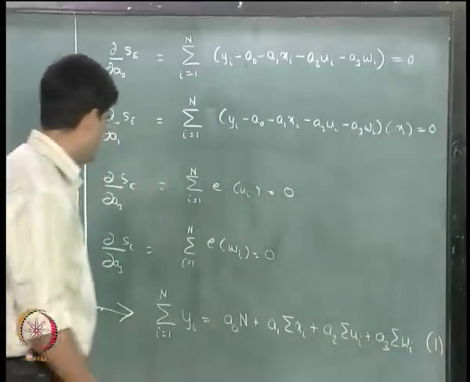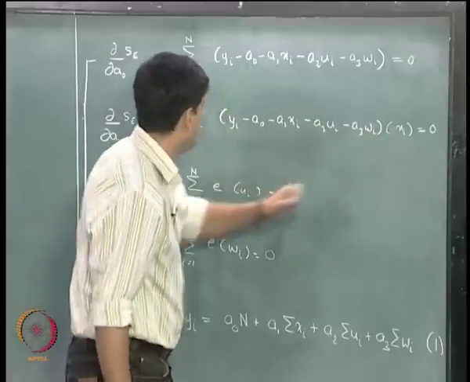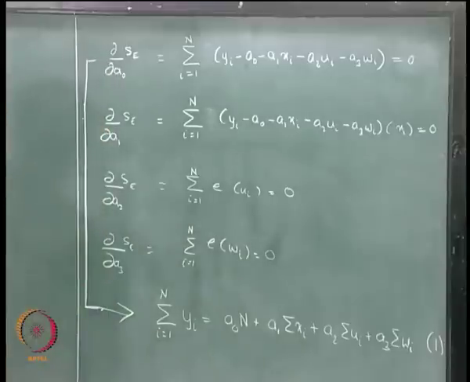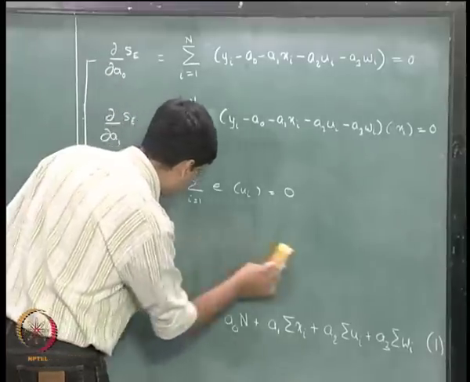Okay, this is going to be our equation 1. We will just do the other equation also, and we will call that equation 2, our second equation. I will just erase this particular equation from here.